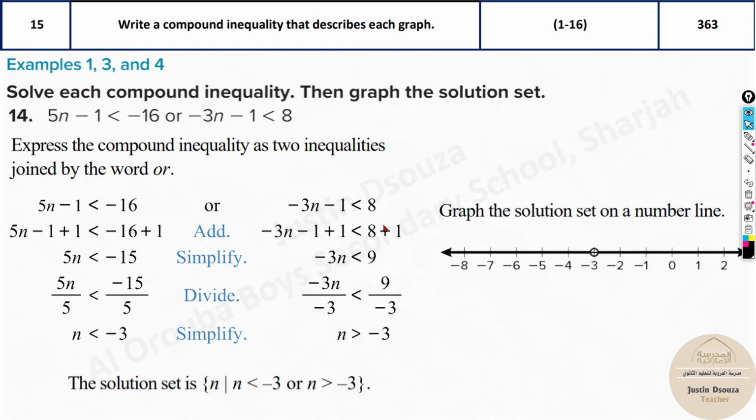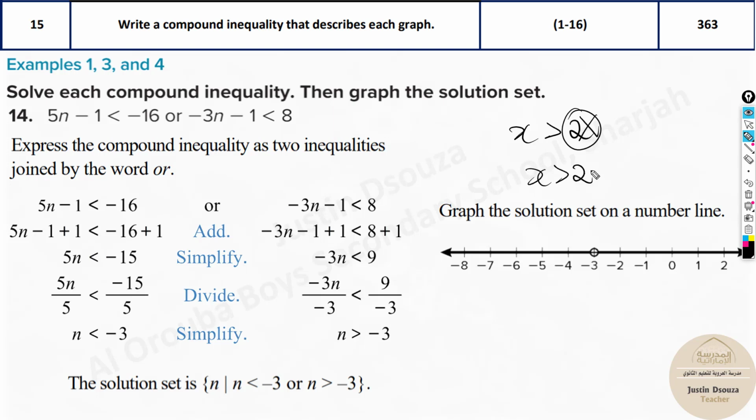Now, in this, there is one important thing to notice. It's all real numbers except for minus 3. Look here, it is less than and greater than. That means, what does x greater than 2 mean? It can be any value greater than 2, but not less than or equal to 2. It cannot be equal to 2 as well.